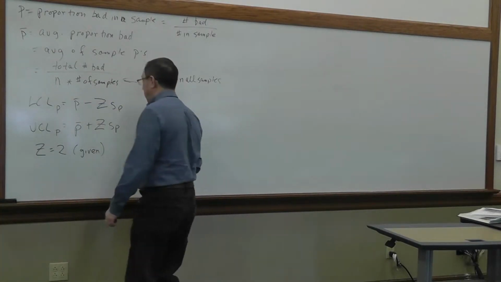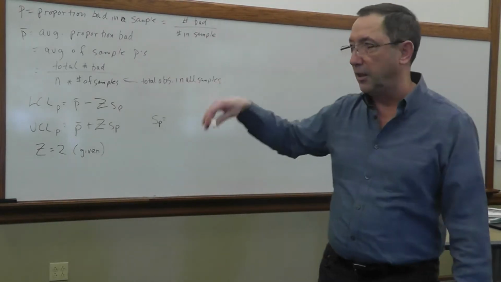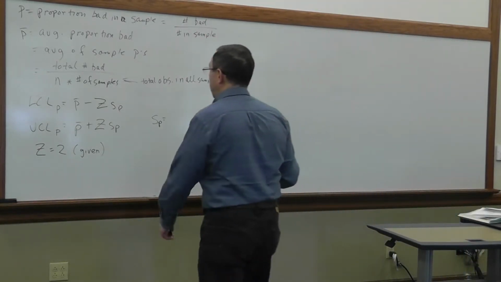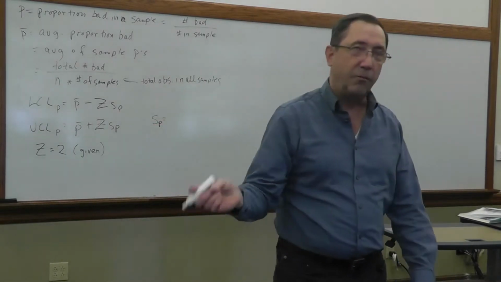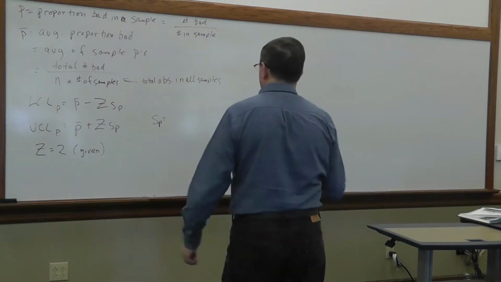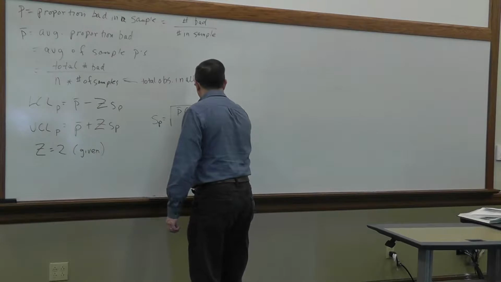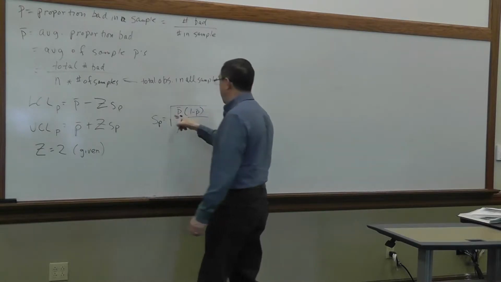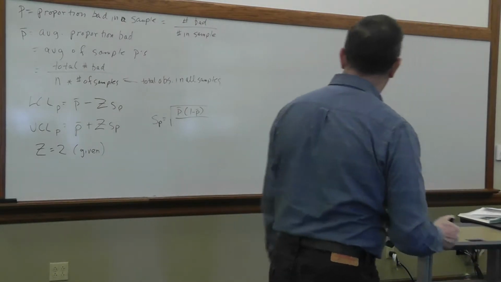S sub p represents the standard deviation of the sample statistic p. And because this is binary data, we look to the binomial distribution for the standard deviation of a binomial distribution. So square root of p bar times 1 minus p bar divided by n.